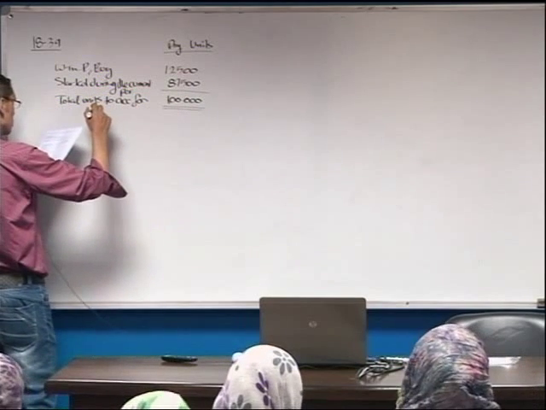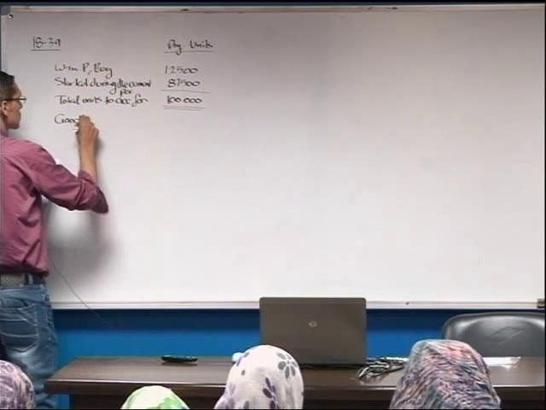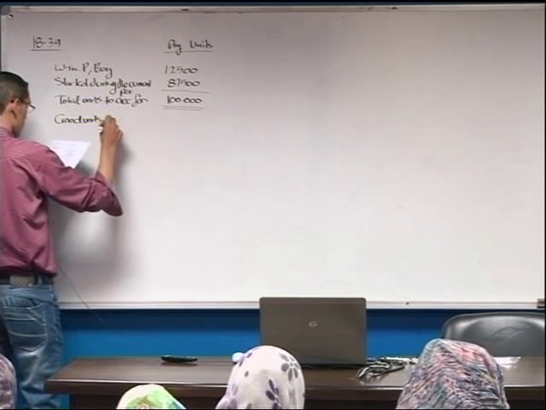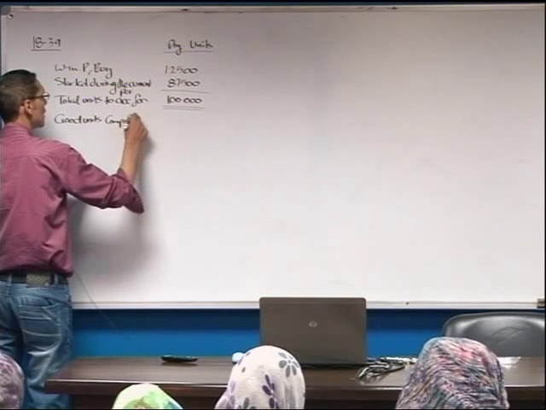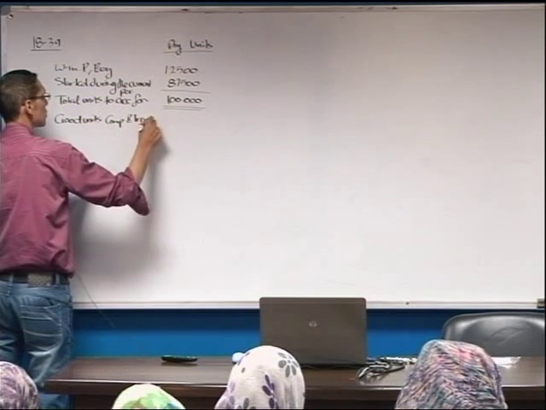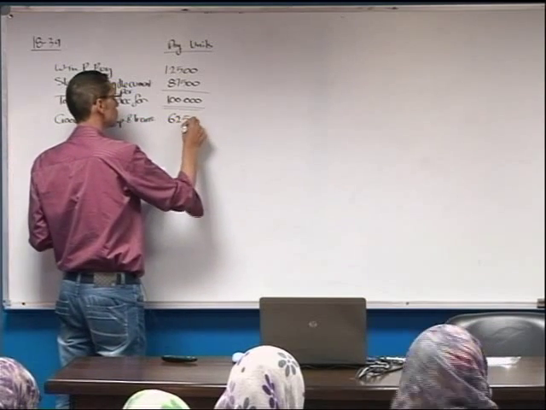Therefore, the first would be the good units completed and transferred out, 62,500.